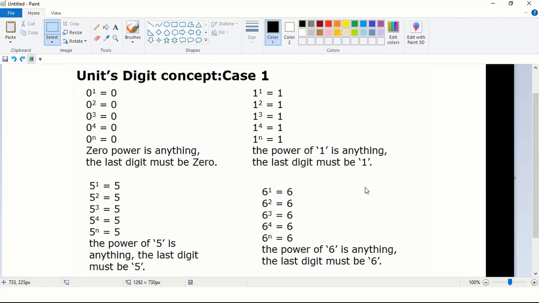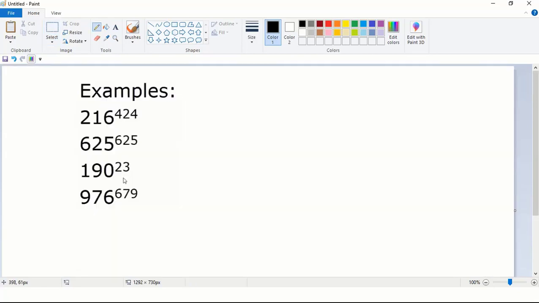Now let's move on. Here are a few examples. 216 is one number whose last digit is 6 and the whole number's power is 424.